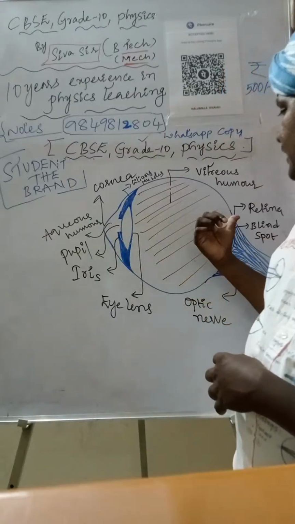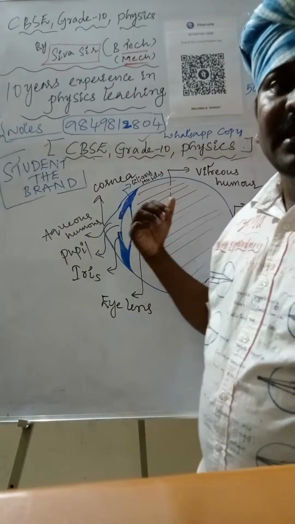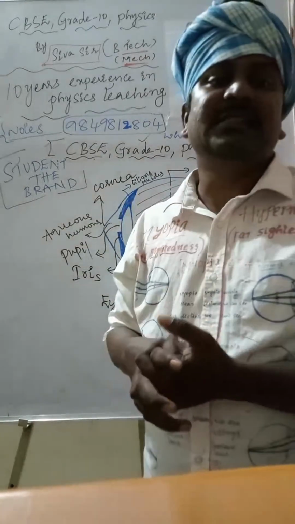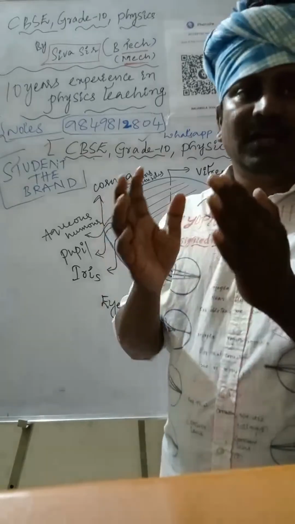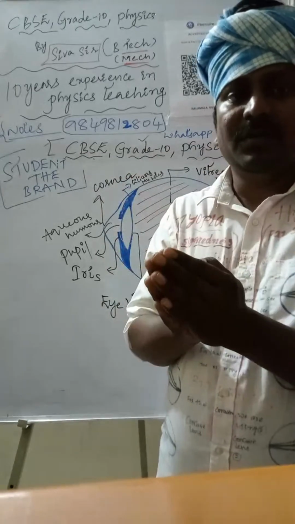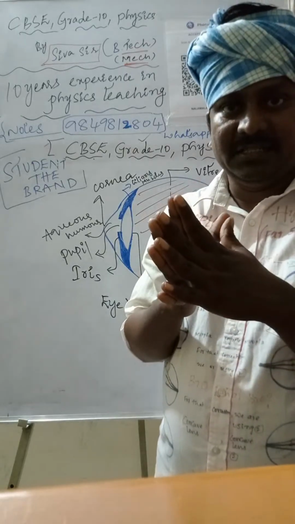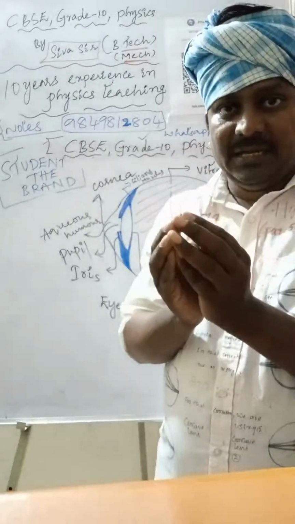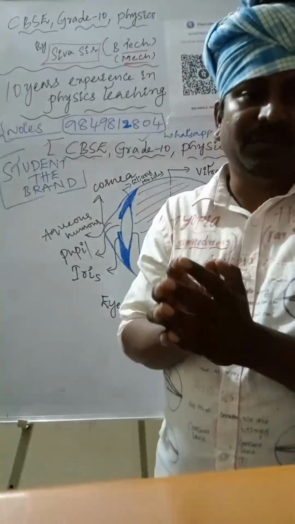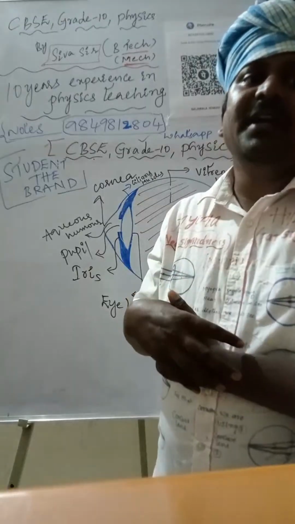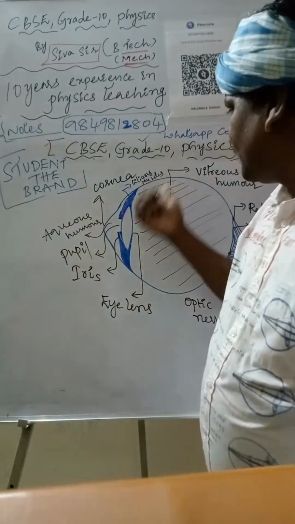So it will support, it gives the finer adjustment. At the same time, it gives sufficient pressure and force to maintain that shape. So that is about vitreous humor.